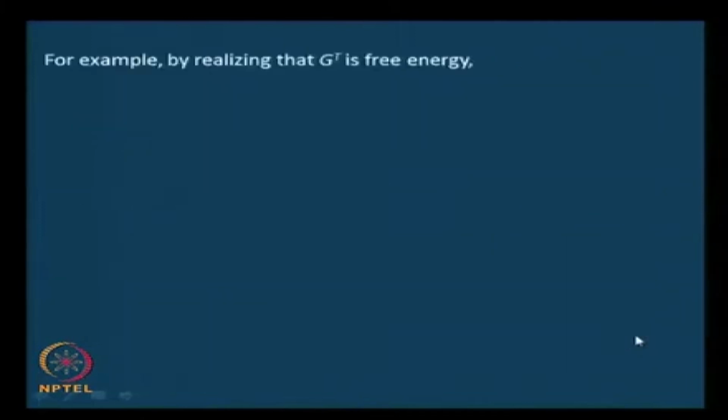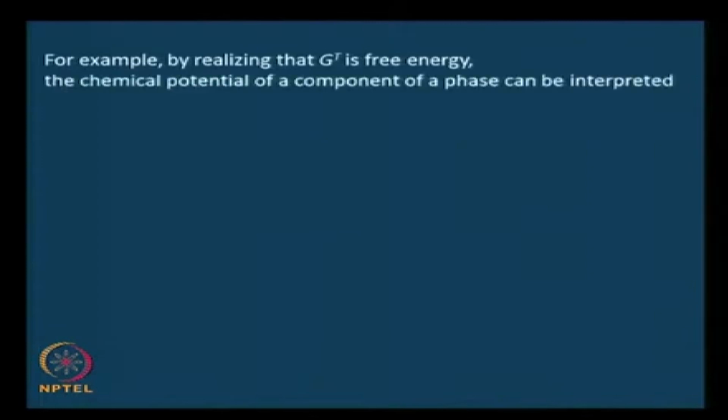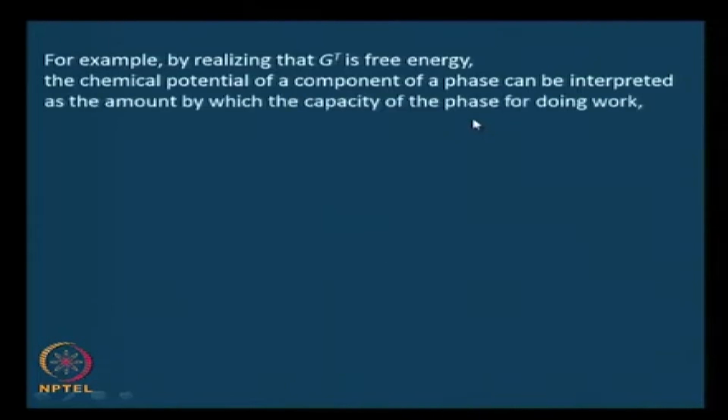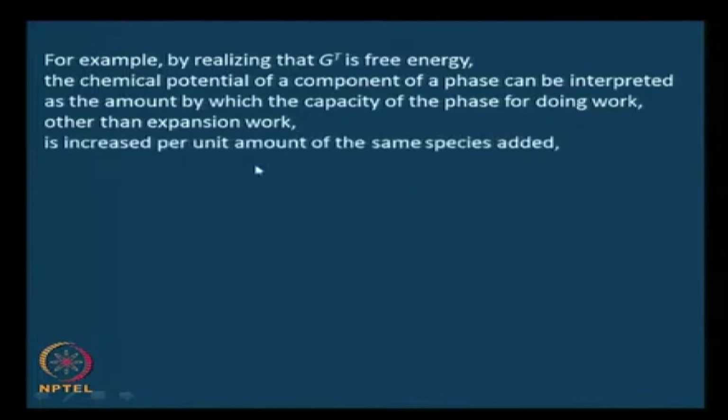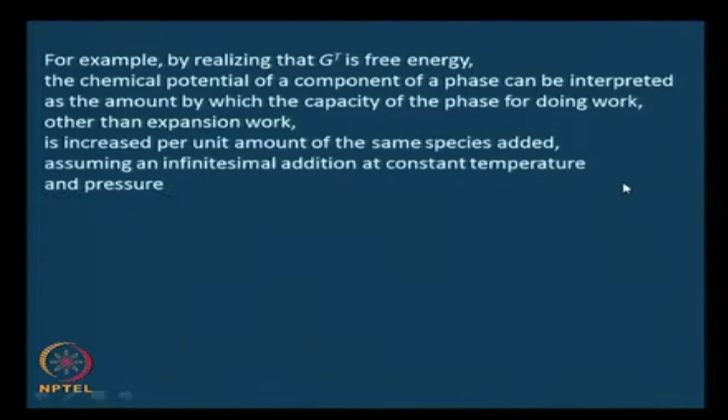For example, by realizing that Gt is the total free energy of the closed system, the chemical potential of a component of a phase can be interpreted also as the amount by which the capacity of the phase for doing work other than expansion work is increased per unit amount of the same species added, assuming an infinitesimal addition at constant temperature and pressure.